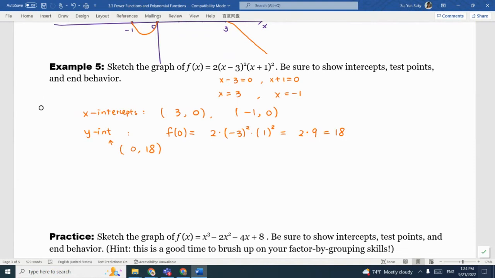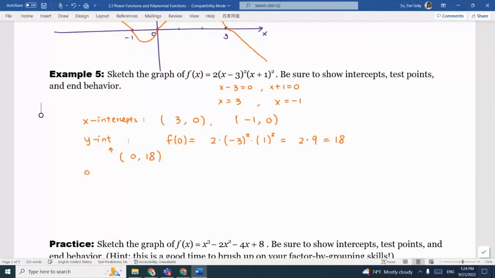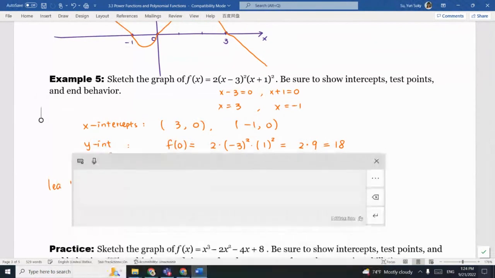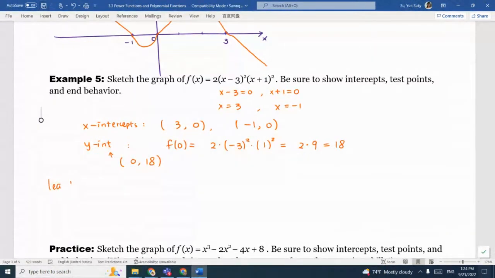Awesome. And now let's look at the leading coefficient. That is, you look at the product of the coefficients of the leading terms.